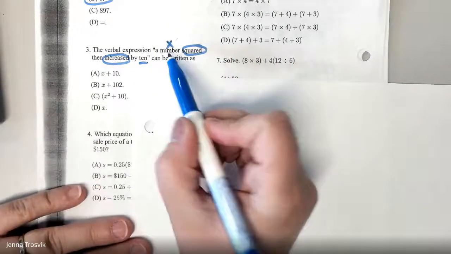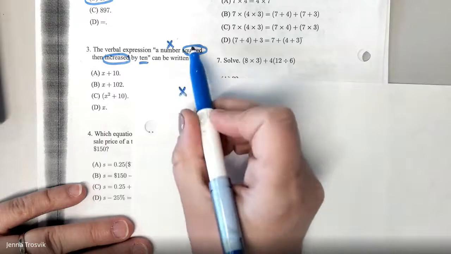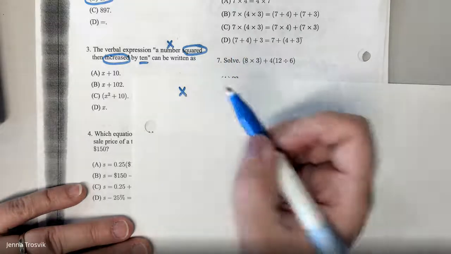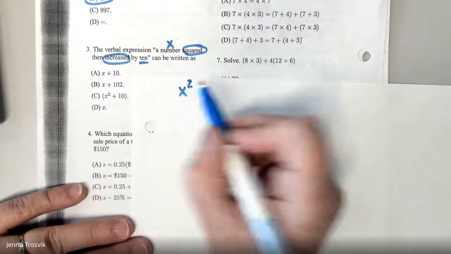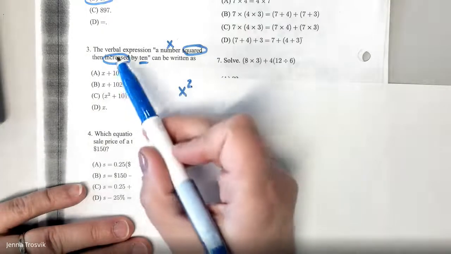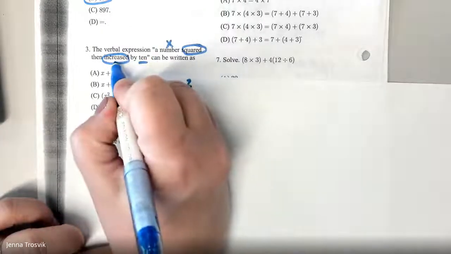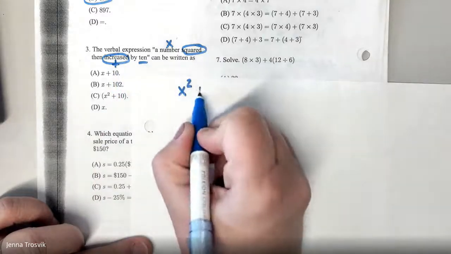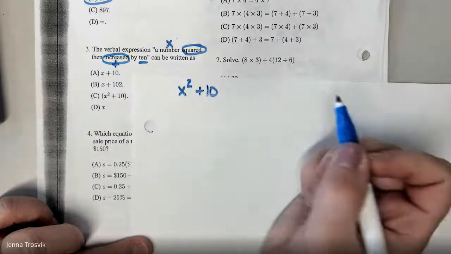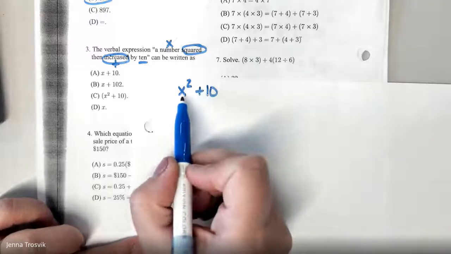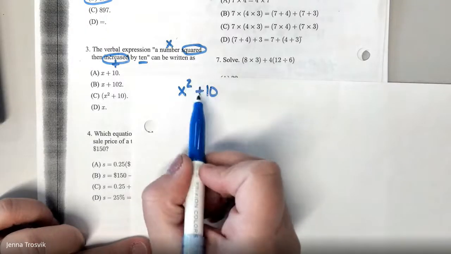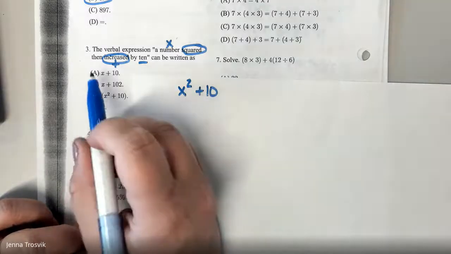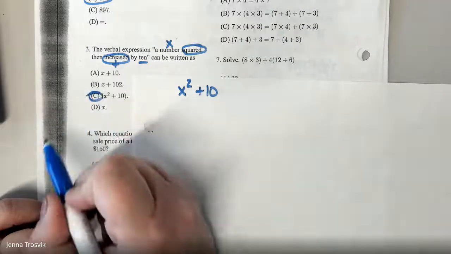So the first thing we need to do is take our number, x, and square it. Square means we're putting it to the second power. Then it says increase. If we are increasing something, we are adding. So we are adding 10 to that. So the problem that shows me x squared plus 10 would be C.